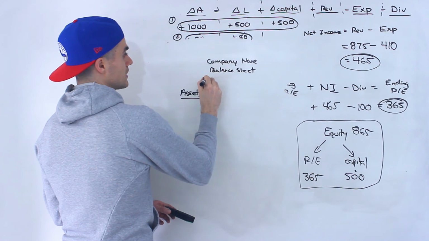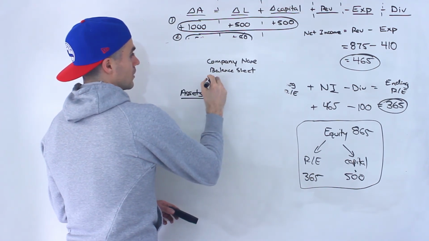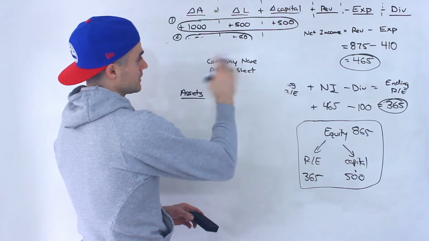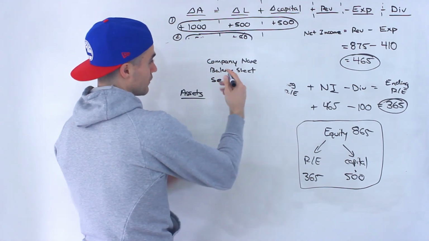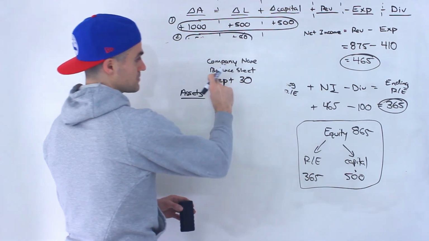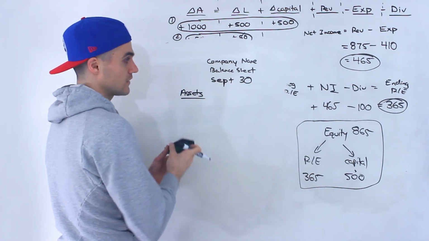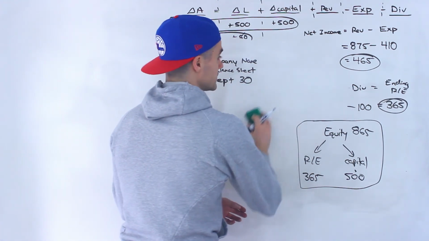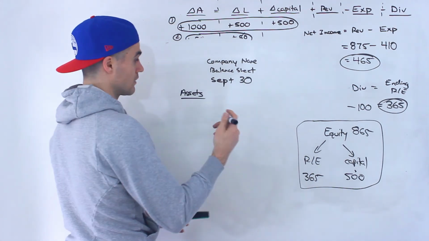And this would be at the end of the month. So we didn't specify a certain month. Let's say it was September, then this would be September 30th. It would just be a single day. Remember, balance sheet is a snapshot at a single date of the financial position of the company.